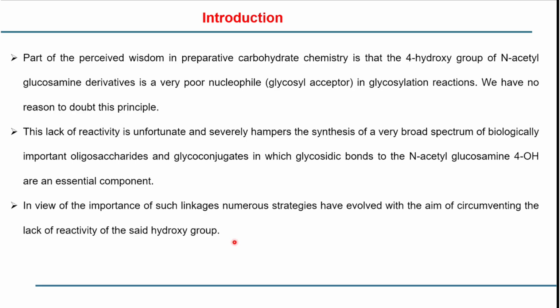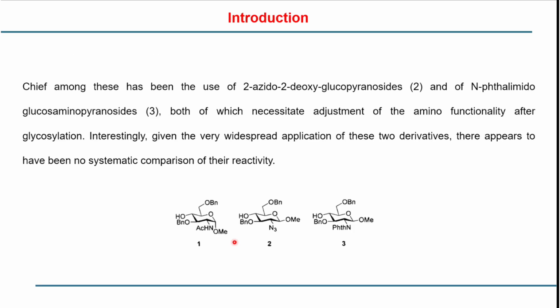So in this paper, what they have done is overcome that reactivity problem. They've taken three types of acceptor. One is the N-acetyl C4-hydroxy acceptor, the second one is the 2-deoxy-2-azido acceptor, and the third one is the 2-N-phthalimido acceptor.